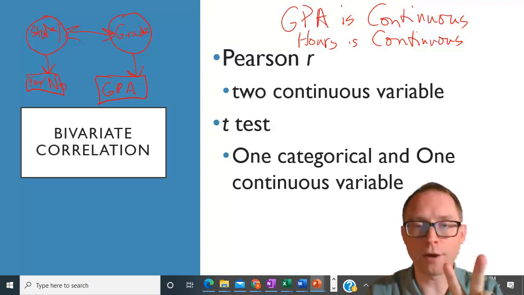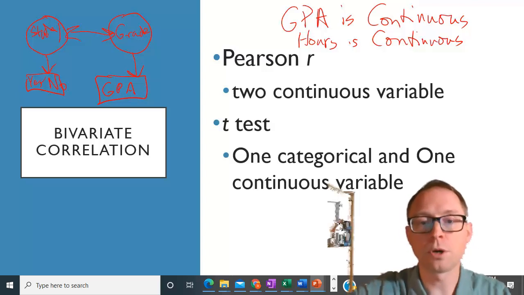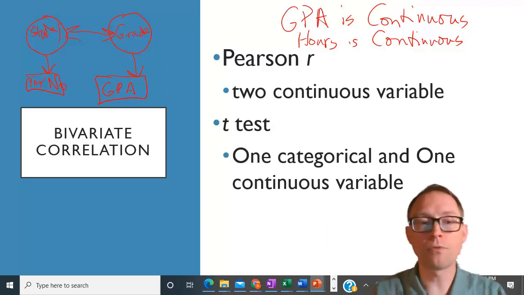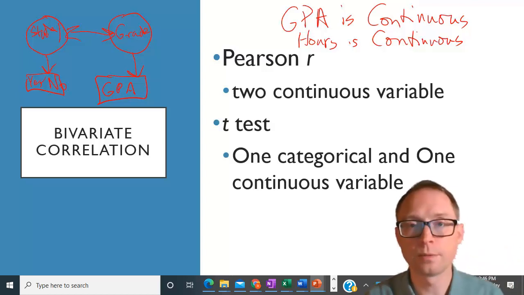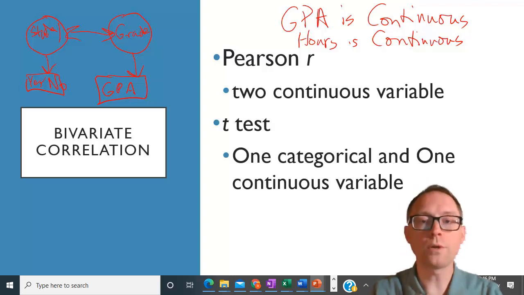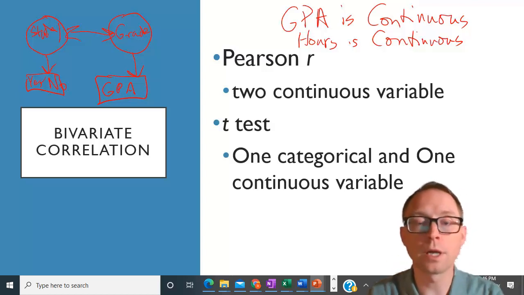A level is a category, and when there are only two categories, then you can use a t-test. So a t-test is one categorical variable, studying, that has two levels, yes or no, against a continuous variable. So when we are looking at a bivariate correlation, the two variables, studying and grades, it depends on what kind of data we're going to get from the operationalizations.